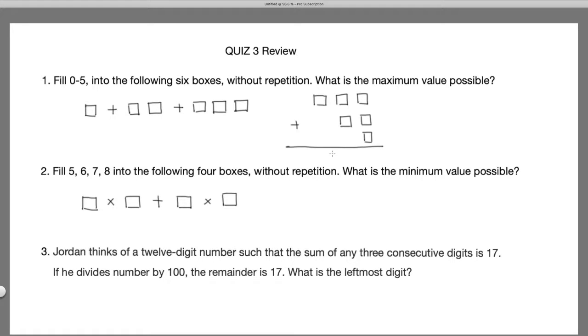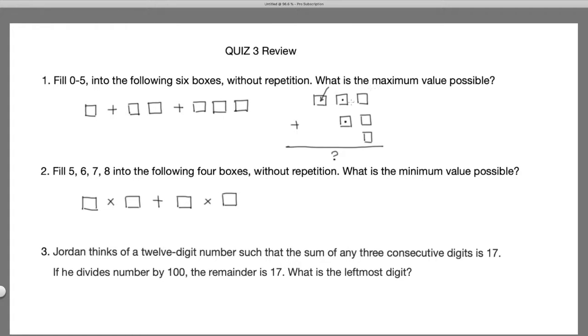And you want this value to be as big as possible. So in this, you see that this digit represents 100. These 2 digits represent a tens digit, and these 3 digits represent unit digit.